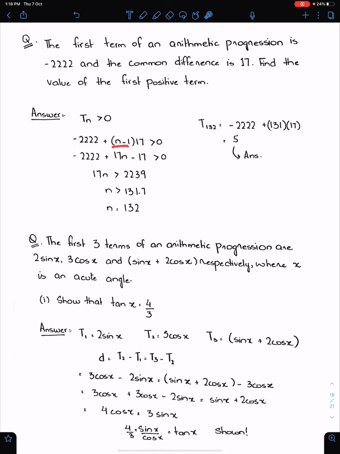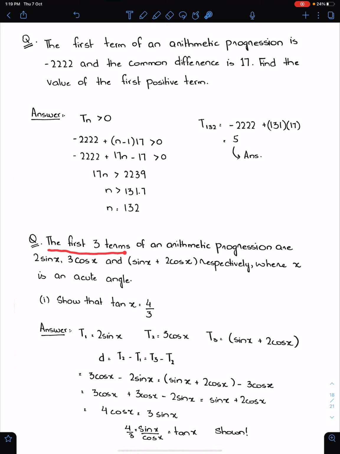We are working for n. D is 17. Make sure you take the right value of n, 132. According to this inequality, the smallest integer value of n is 132. So we need to find T132. And the first positive term is 5. So make sure you use this to get the value of n, and then you can easily get the first positive term.